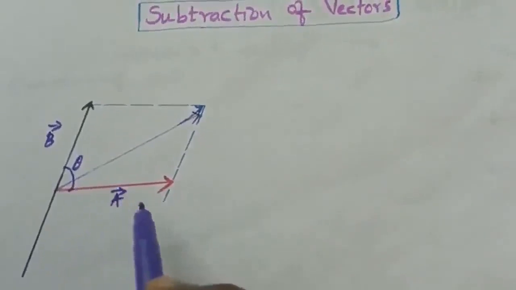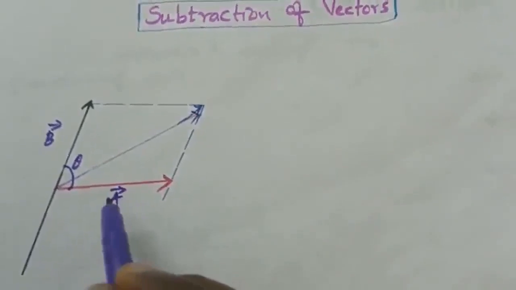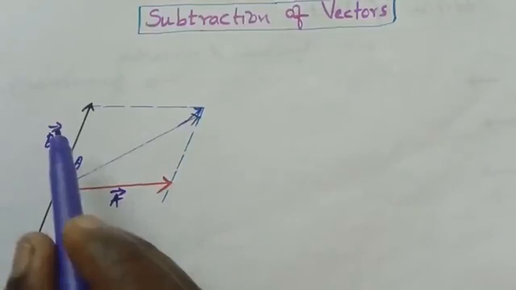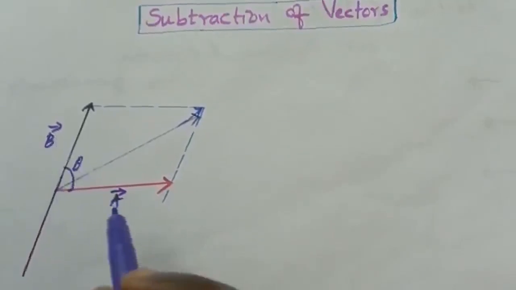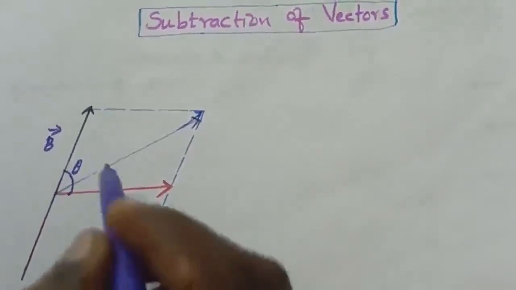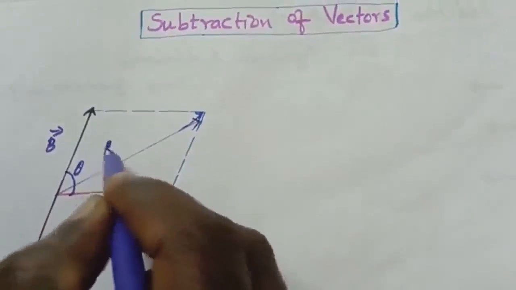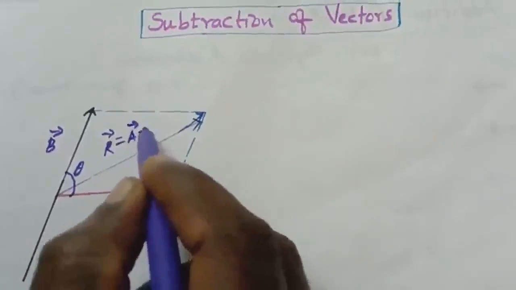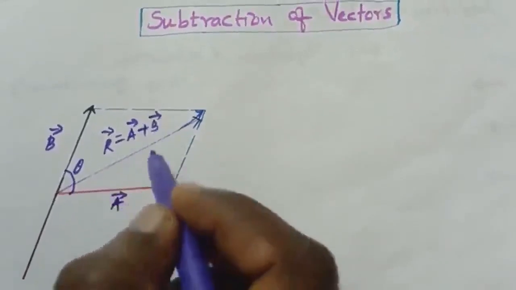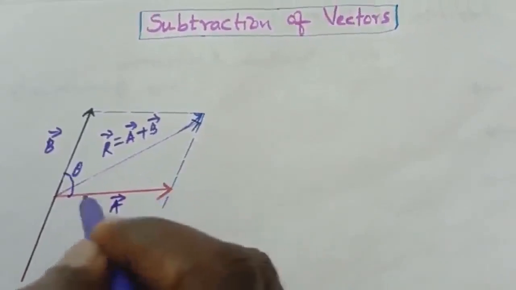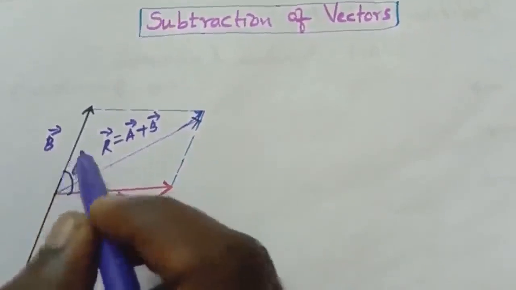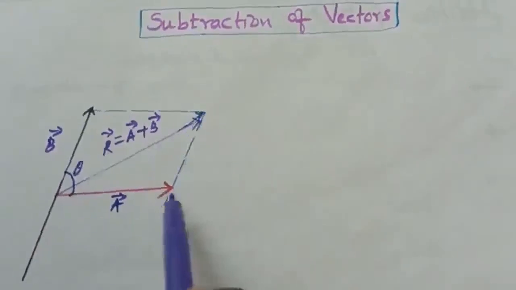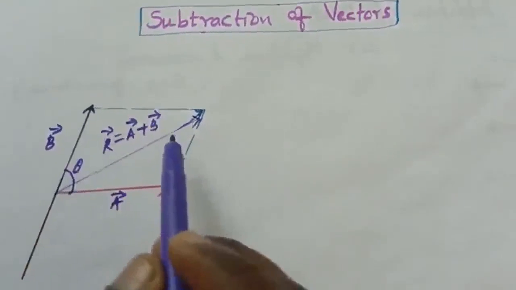Now the resultant of the two vectors A and B: both are in positive direction, so the resultant vector R is equal to A vector plus B vector. Now simply draw the parallelogram law of vectors.